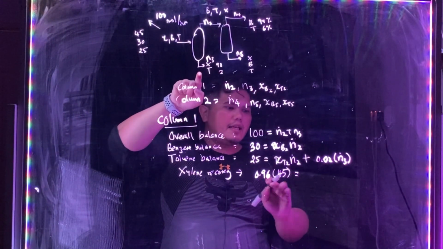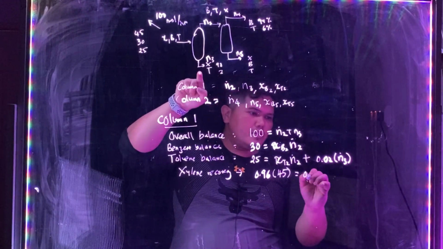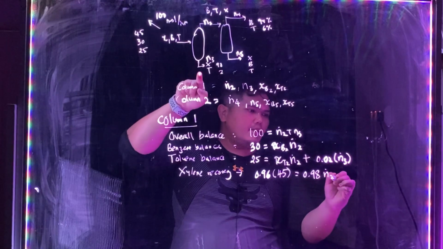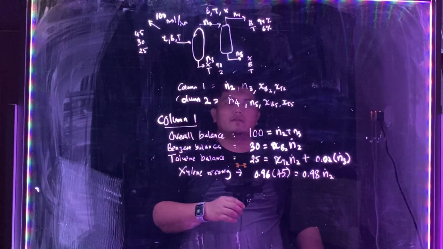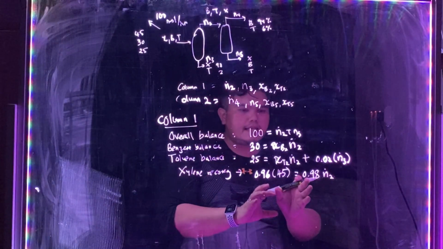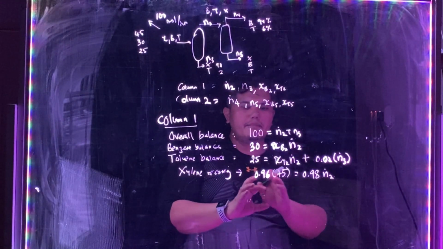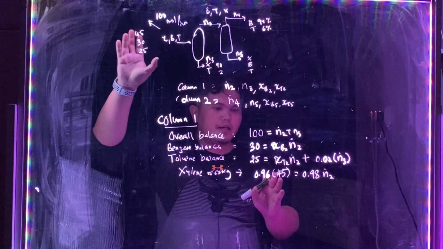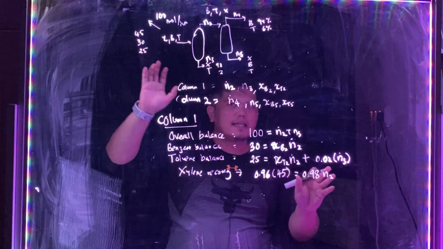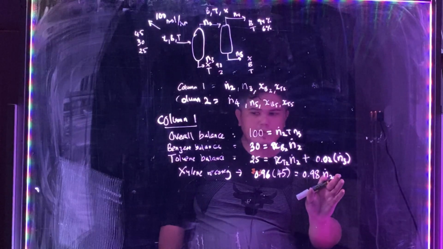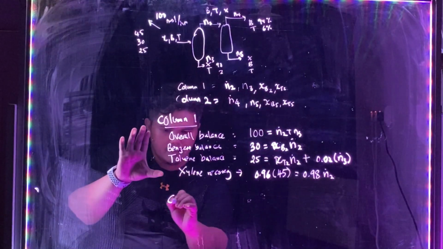So it equals 0.98 times N2. You should be able to see from this equation that 96% of the actual xylene is recovered in the first column bottom product. So that is column 1.